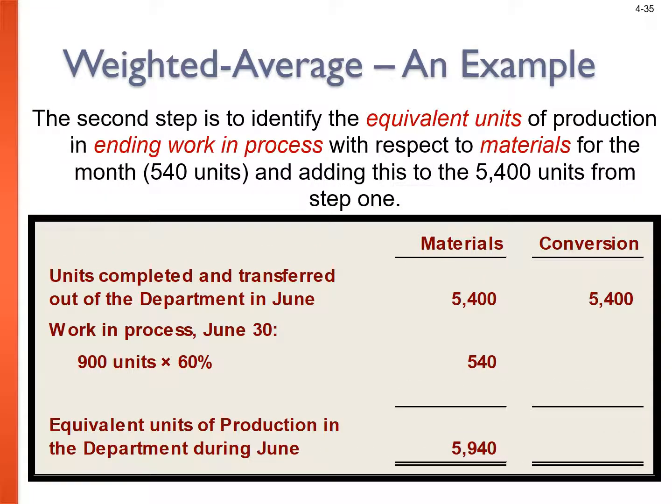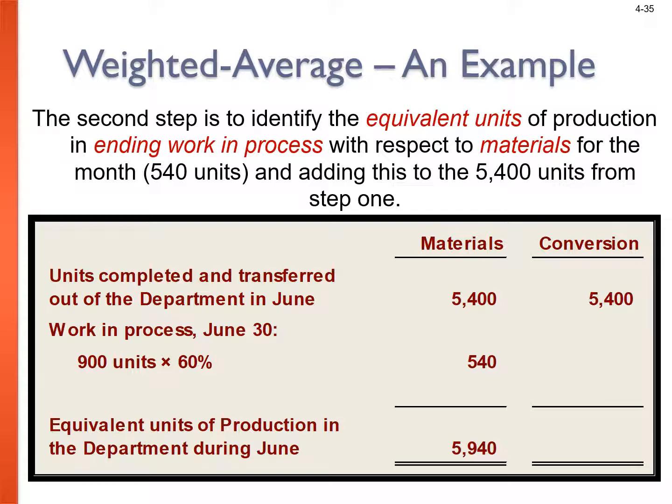When it comes to the materials, we need to determine the equivalent units of those 900 that were started. Since with regards to material they're 60% complete, the equivalent units of the ending work in process would be 540. So the equivalent units of production in June with regards to materials is 5,940.